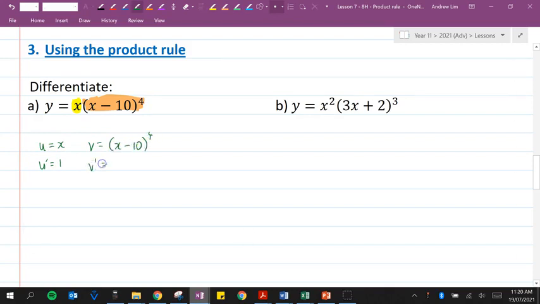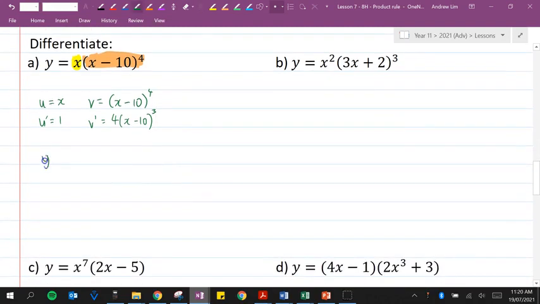When I differentiate this, I'm going to use the chain rule. Bring down the power, write everything the same in the brackets, reduce the power by 1, and then times it by the derivative. What do we get when we differentiate x minus 10? We just get 1. So, we're just timesing it by 1, which is exactly the same as what it is. So I'm just going to get rid of that.